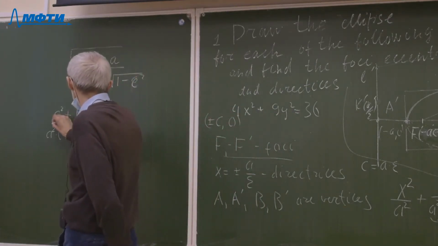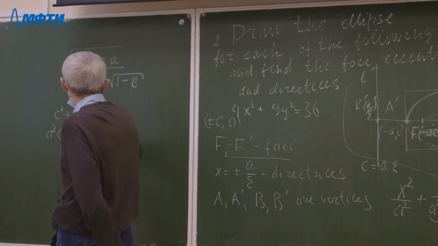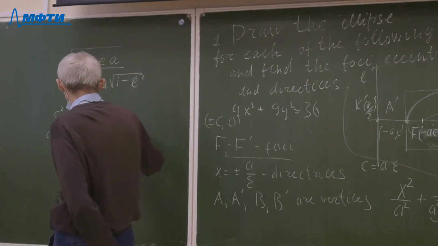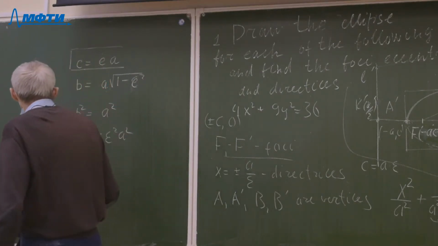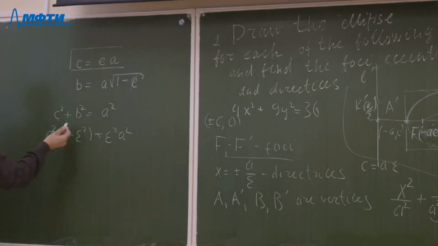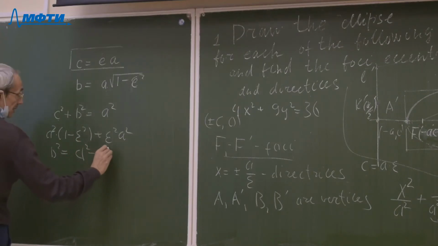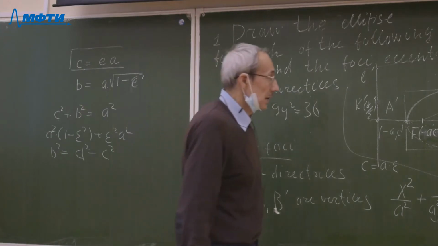We obtain that C squared plus B squared is equal to A squared. In an equivalent way, B squared is equal to the difference A squared minus C squared.